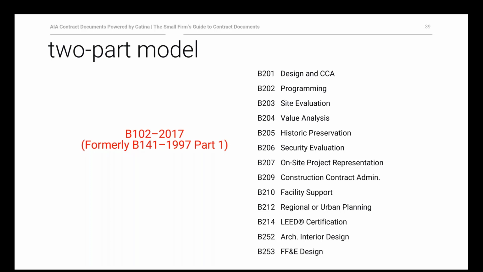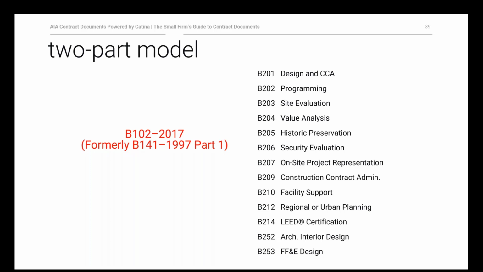You might start with that, and then ultimately, based on the relationship that's developed between you and the owner, you may ultimately be asked to do the whole project, and you could just bolt on another one if you want, the B201, which is design and CA services, or something else. You might just be engaged to do programming, or you might come on simply to work on the project in order to get LEED certification or some other type of certification.